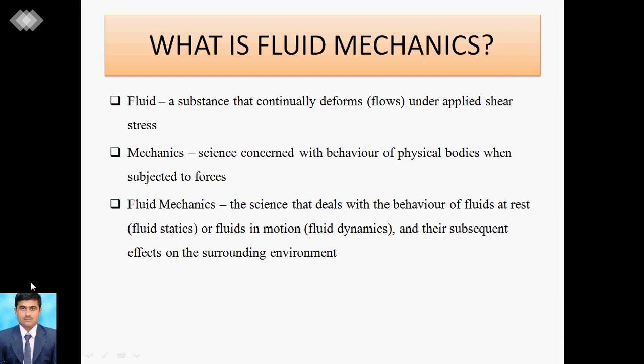So, fluid mechanics is that branch which deals with the fluid at rest as well as the fluid in motion and their subsequent effect on the surrounding environment. In fluid mechanics we discuss the behavior of fluids.